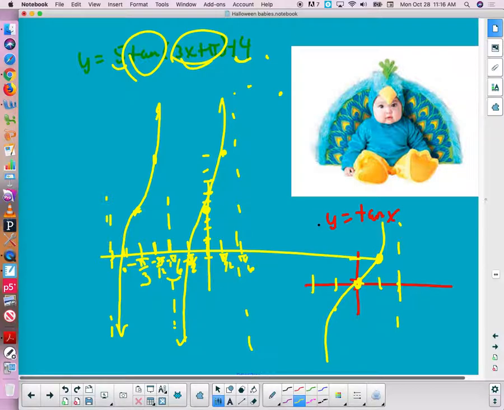Lindsay? So for the tan graph, do you go to the right or the left first, to know if it's negative or positive? What'd I say? Every single time you go to your target, and then what do you do? You go to this way and then to the other way.